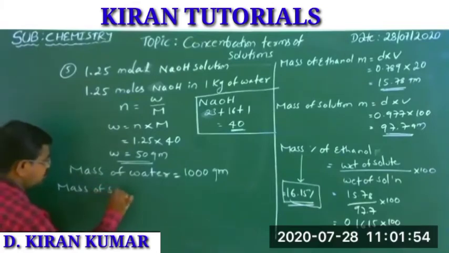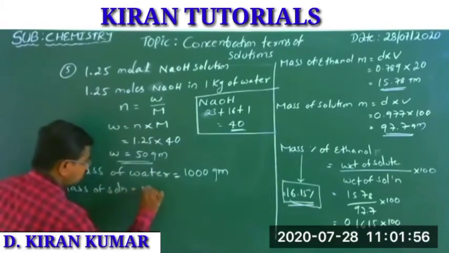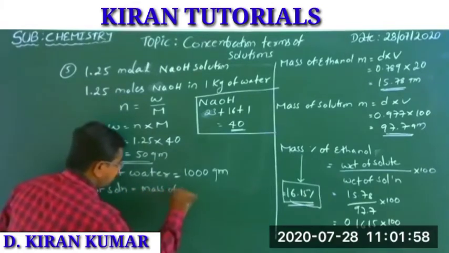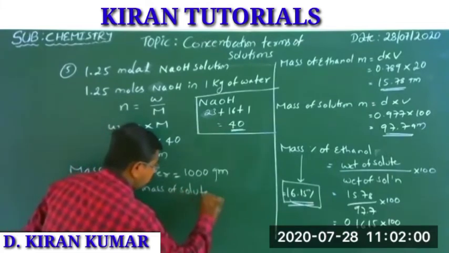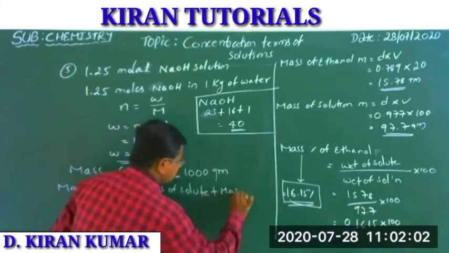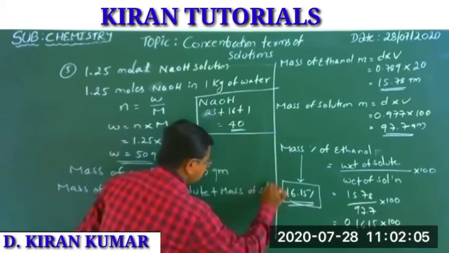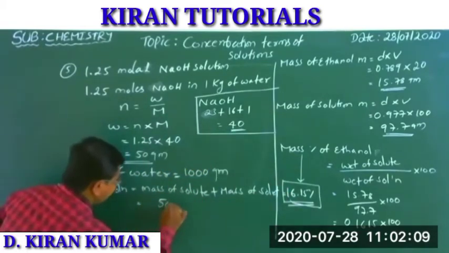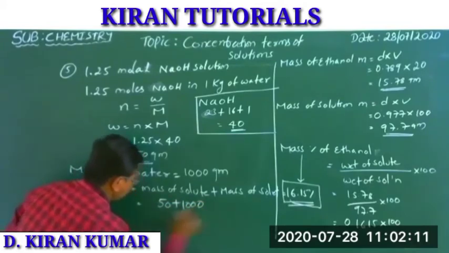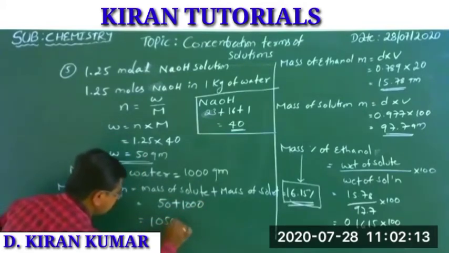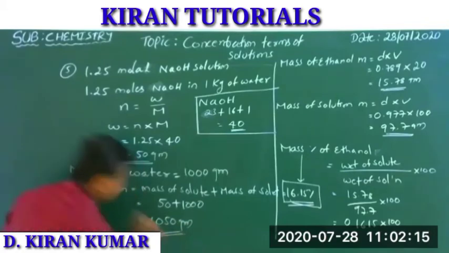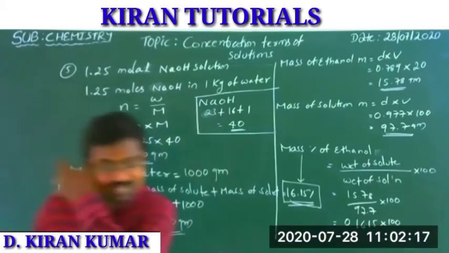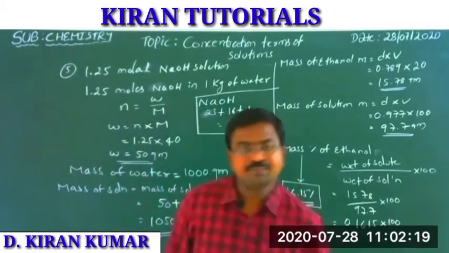Mass of a solution is equal to mass of solute plus mass of solvent. So that is equal to 50 plus 1000, that is equal to 1050 grams. That is the mass of a solution. Clear?